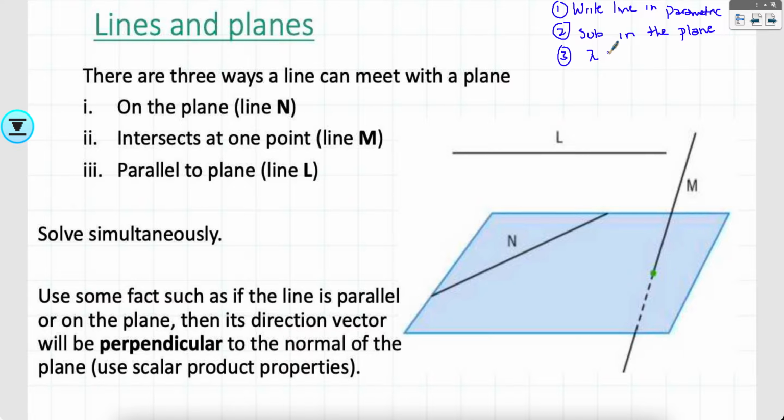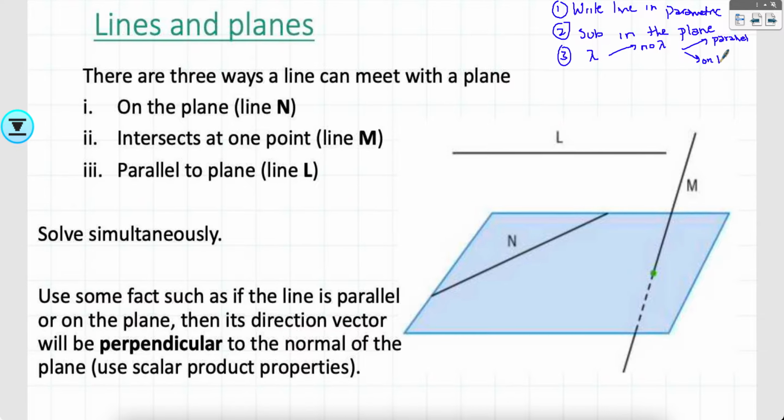If lambda ends up canceling out and disappearing, you are either parallel or on the plane.